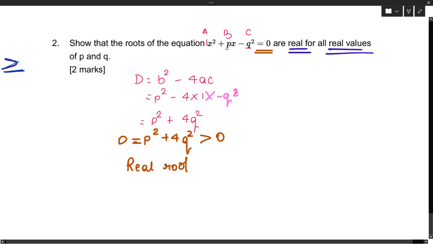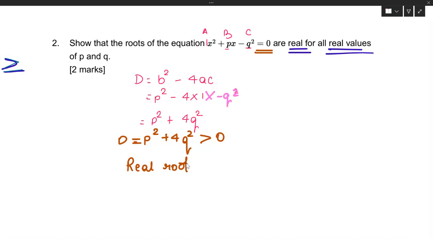So we can conclude in this way. Here p and q belong to real numbers. So if p is a positive number, q is also a positive number, definitely it will be greater than 0, because that minus sign is gone. Clear?